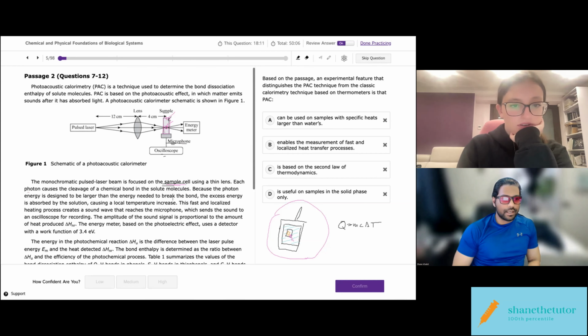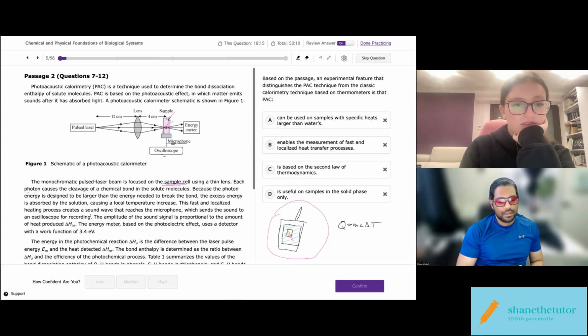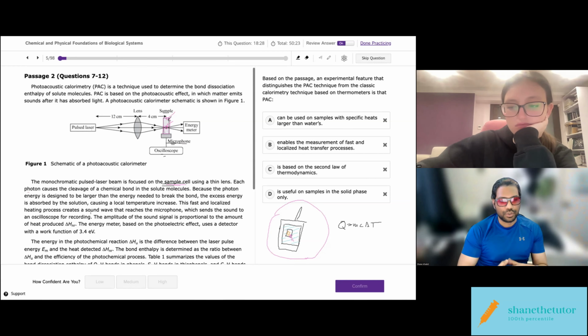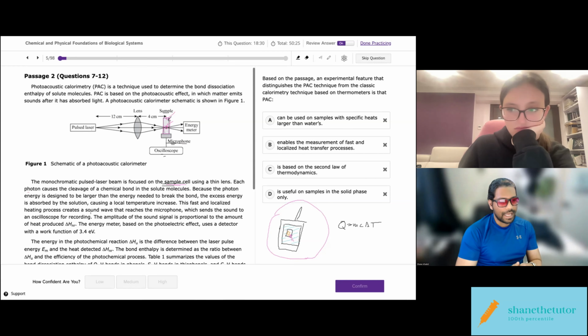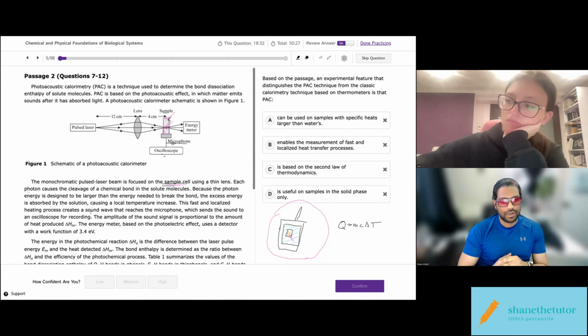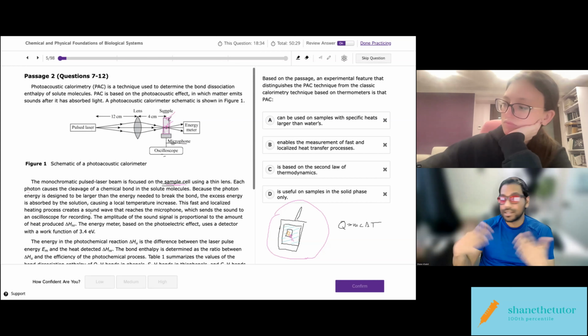Okay. So it's shooting a laser at some type of solute in a solution, and the laser is supposed to break those bonds. When it does that, it releases heat in the solution of the sample, and that local temperature increase somehow creates a sound wave. We don't need to really know how.